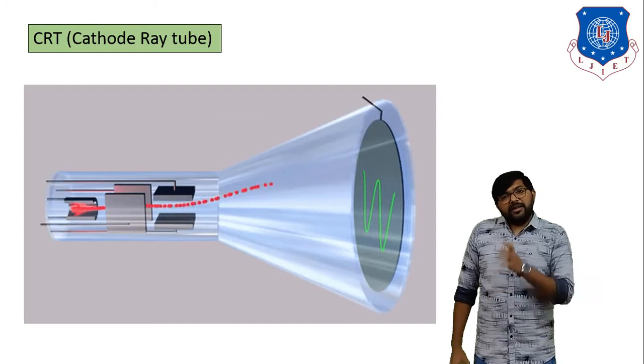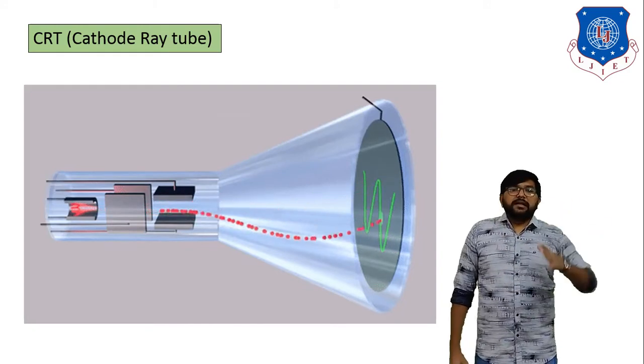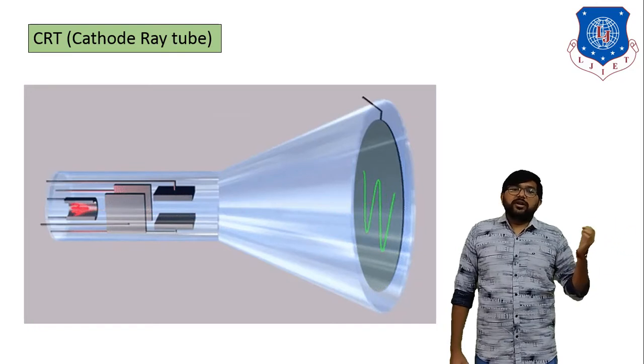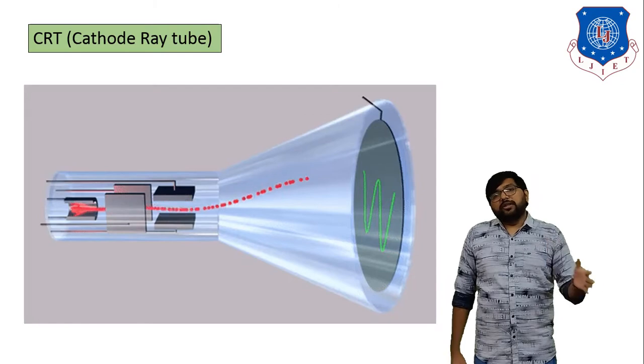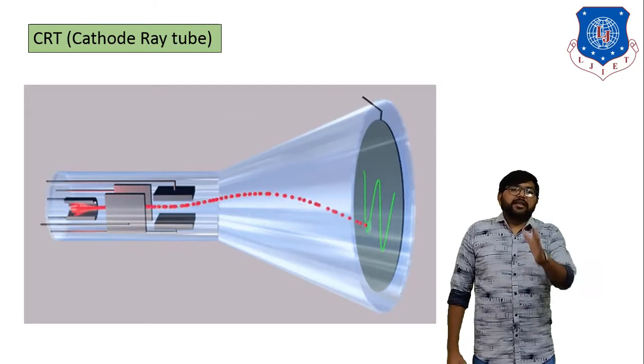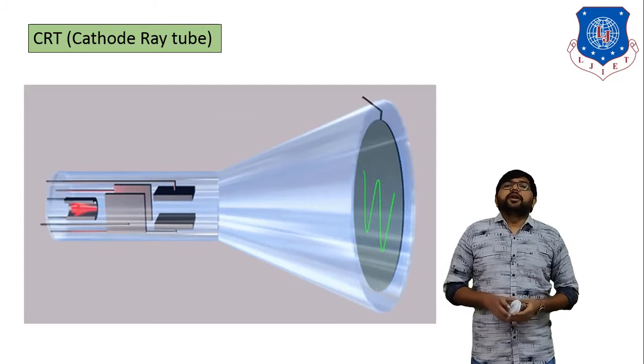So to maintain the brightness of the picture constantly, we have to continue the flow of electrons on the same picture. So this is the simple working of the cathode ray tube.